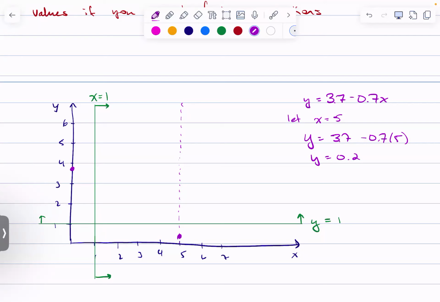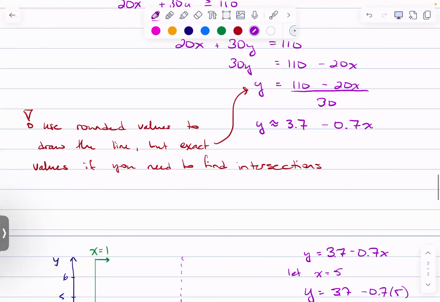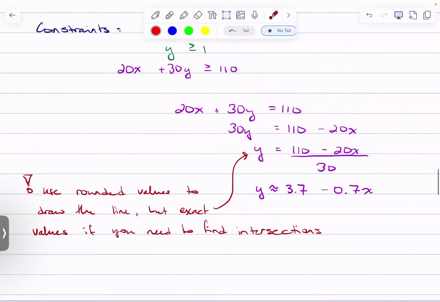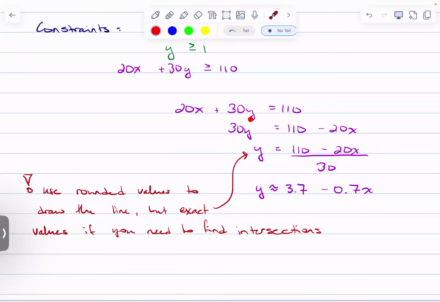If you're comfortable working with these fractions, it might have actually been easier to plug in and maybe solve for the y. When y is 0, what's your x? Maybe even up here. Let's do that, just to see where on the y-axis you would fall.